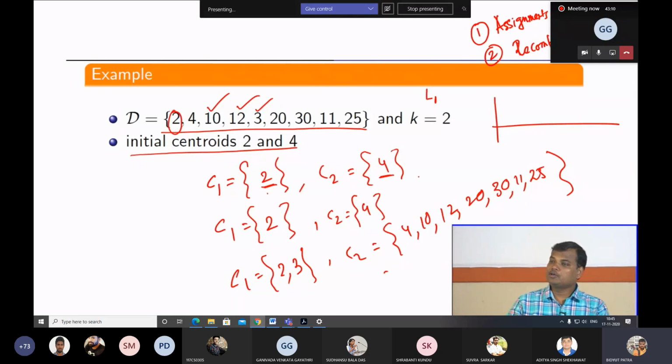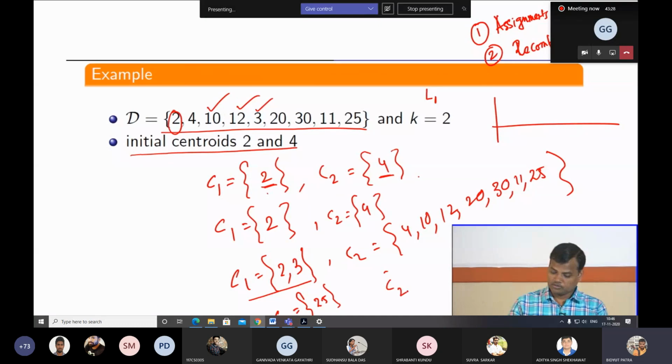So now you compute the centroid. What will be the centroid for the first cluster? 2 plus 3 divided by the number of points, because it is single dimension. So the centroid for C1 will be 2.5.